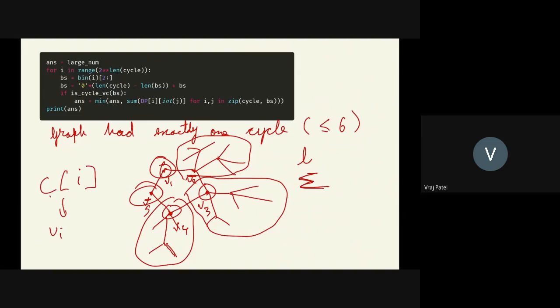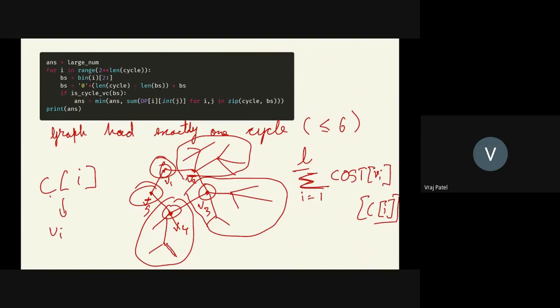Then the value for one particular combination is the summation of i from 1 to L of cost of Vi times C of i. This is the cost of one particular combination.